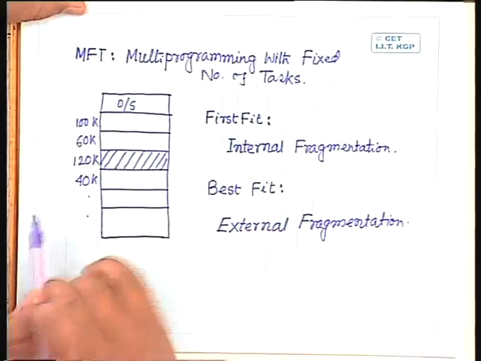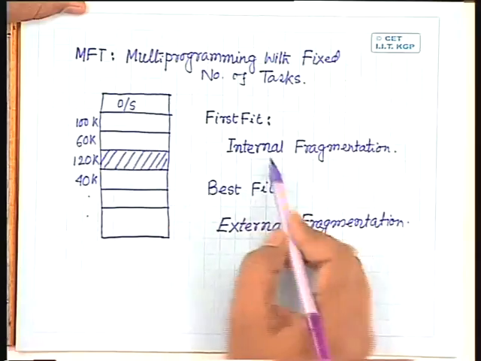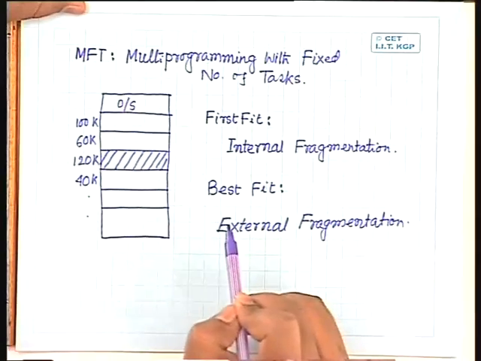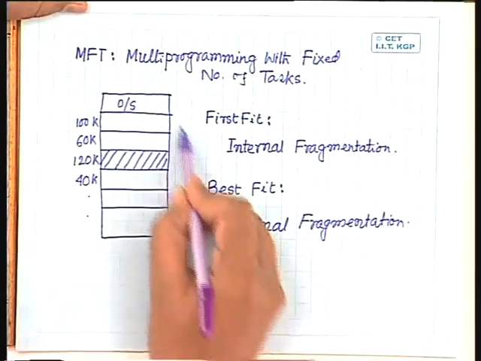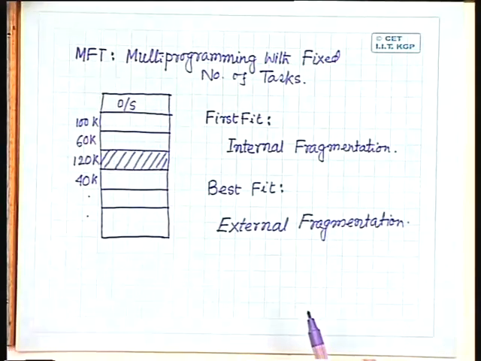Now if we modify this MFT technique, it is possible that internal fragmentation will be avoided altogether. That is, instead of having partitions of fixed size, we can make partitions of variable size, and partitions will be created as and when required.